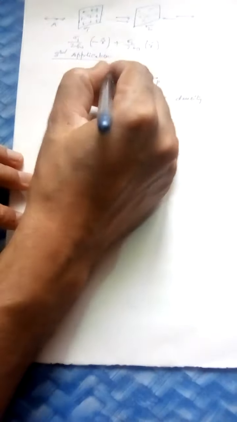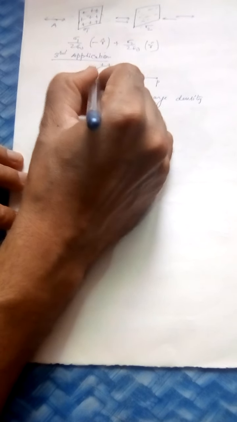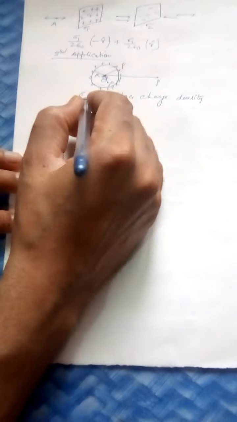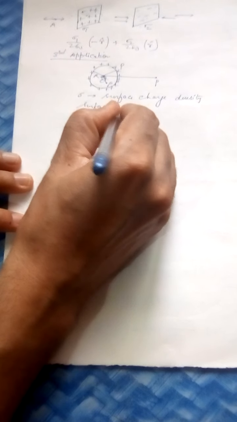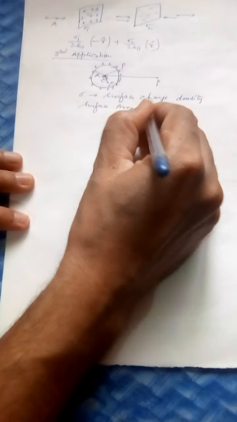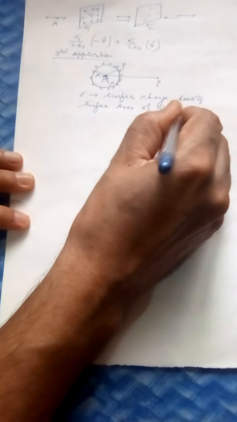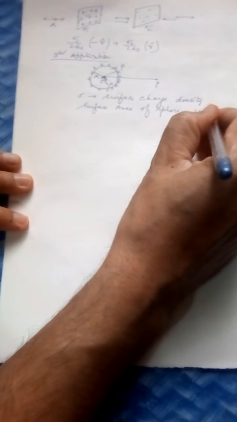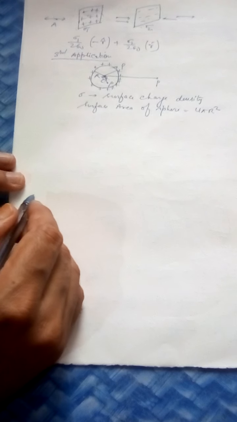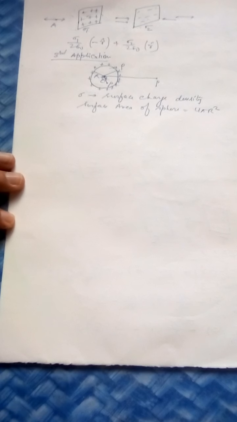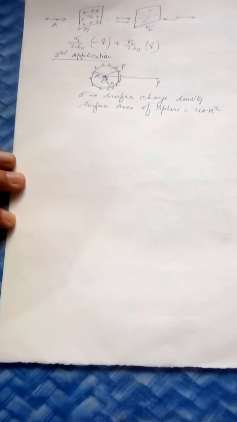Now, if this sphere has radius r, what is the surface area of the sphere? Surface area of a sphere is 4 pi r square. So if sigma is the surface charge density, meaning in unit area the charge is sigma, then in this total area, what will be the charge?